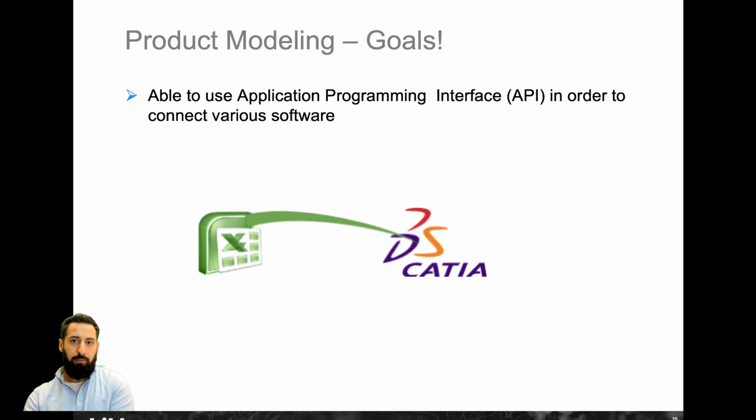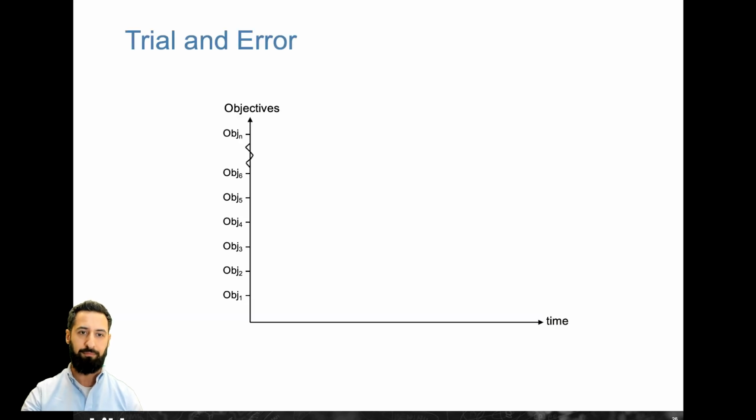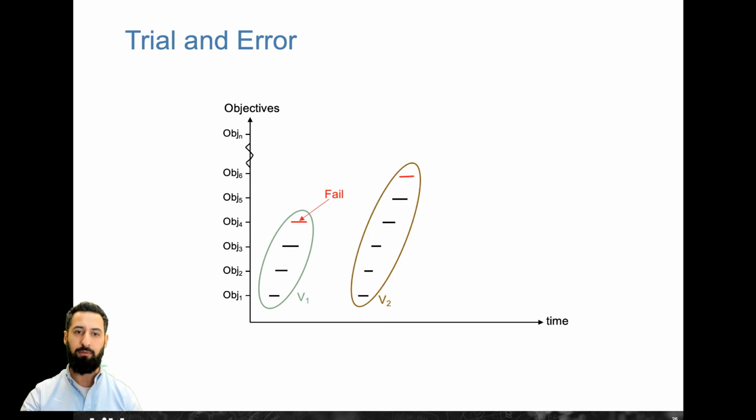Another thing that we will do is that we're going to work with APIs, application programming interface, in order to connect different softwares together. And this is a trial and error process to create models and frameworks.